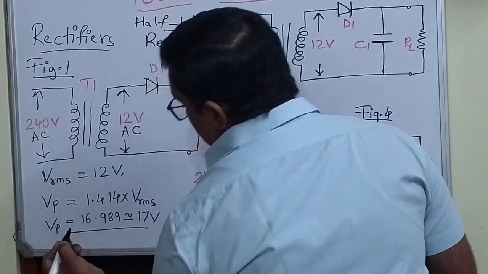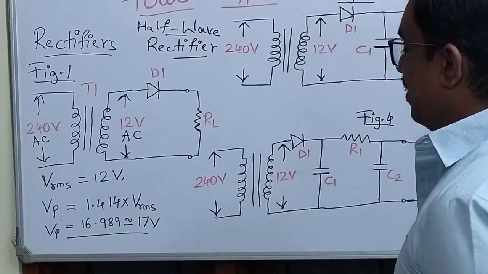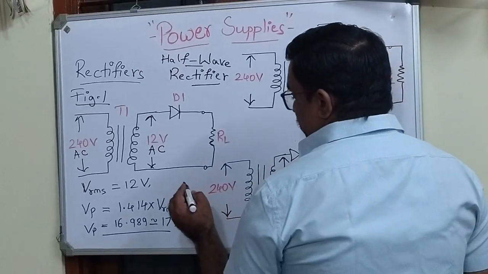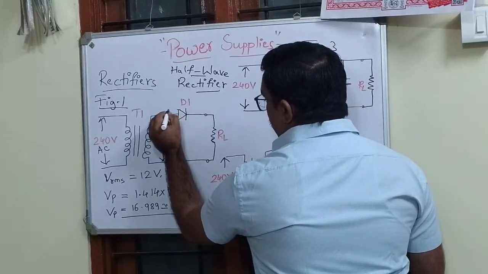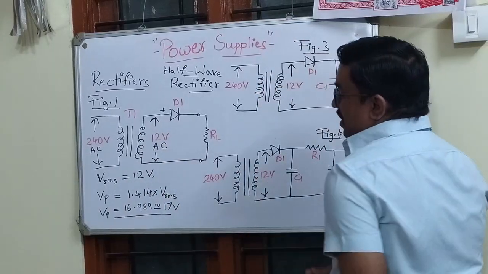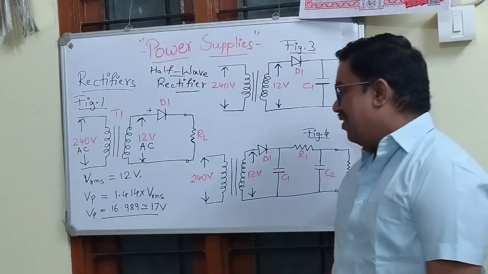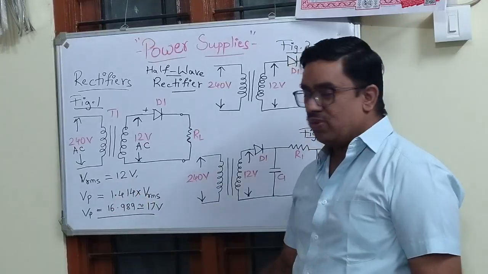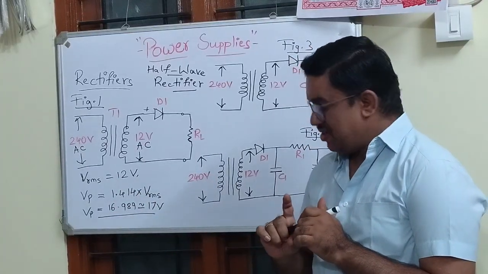So here the threshold voltage for the diode is considered to be 17 volts, instead of the 12 volts RMS voltage.